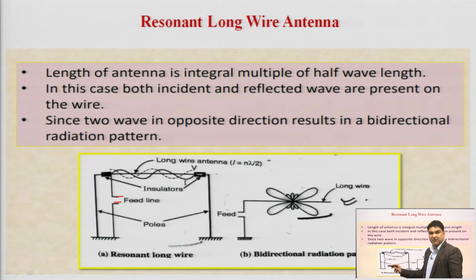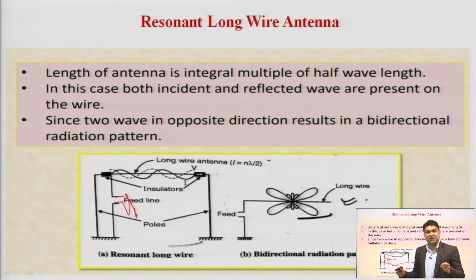It means the excitation or feed system is placed here. It can be associated with a coaxial cable or a feed line or two wire transmission line, balanced or unbalanced, any kind of feed system or excitation system can be provided here.